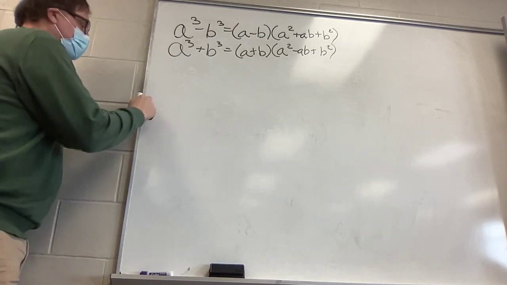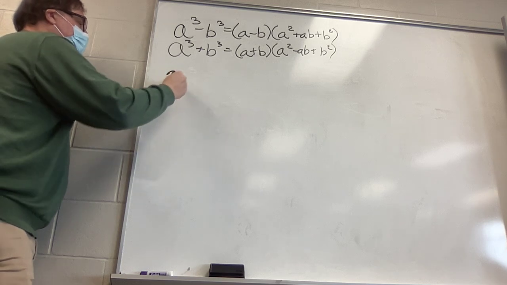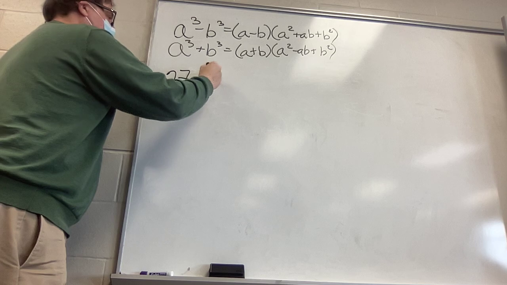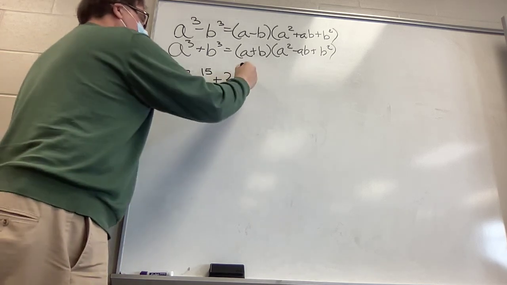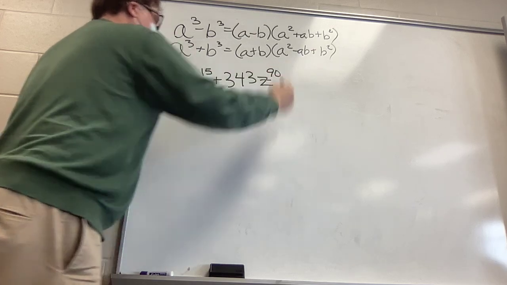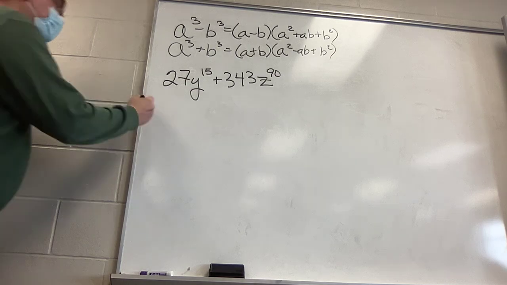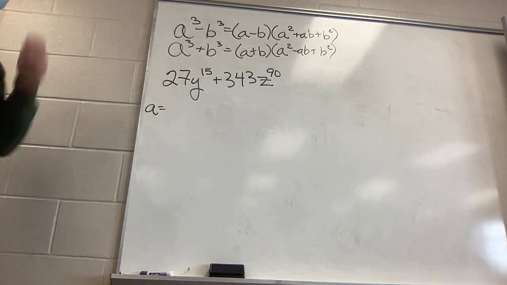And let's go with 3 times 3 times 3 is 27.